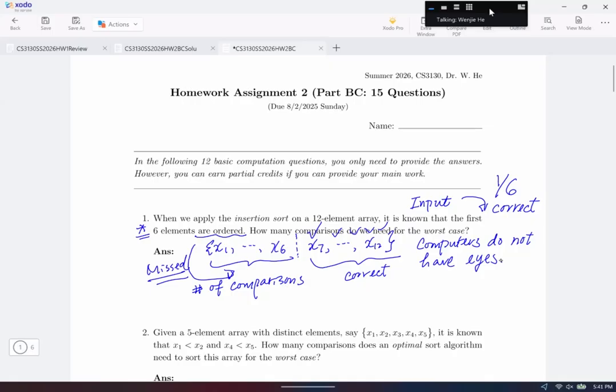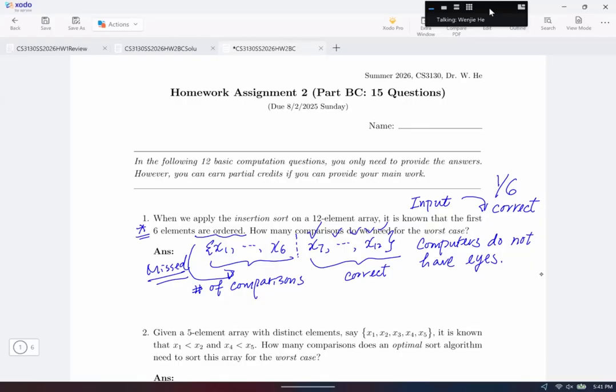Computers cannot see it, right? Even if the first 6 elements are ordered, computers do not know it. Computers still need to run the insertion sort on it.